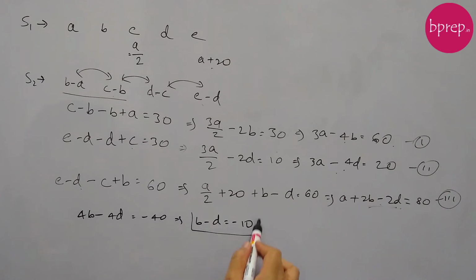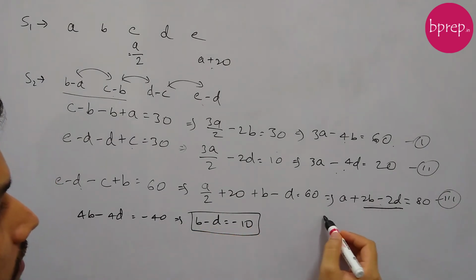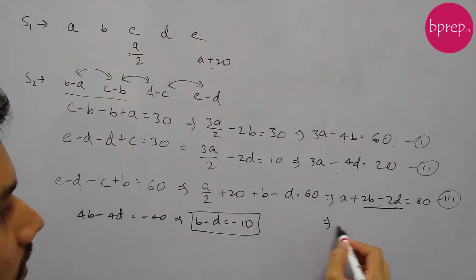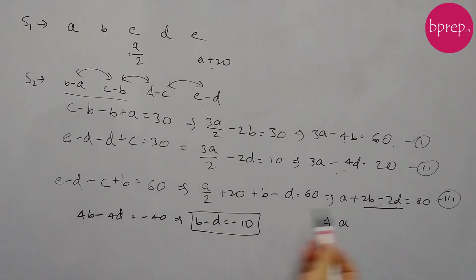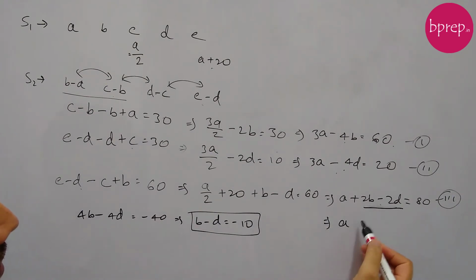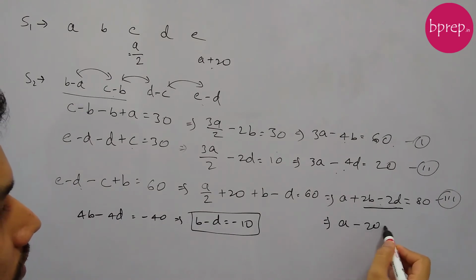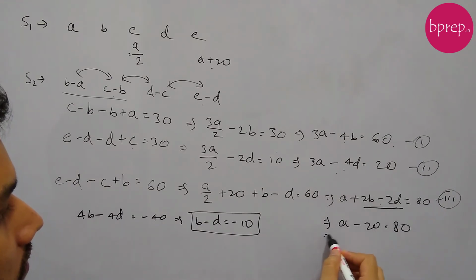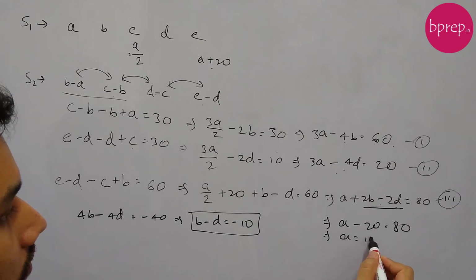If we put this value of B minus D into equation 3, we get A minus 20 equals 80, or A is 100.